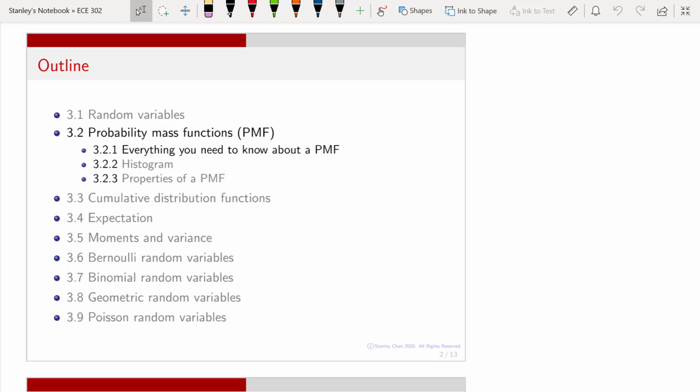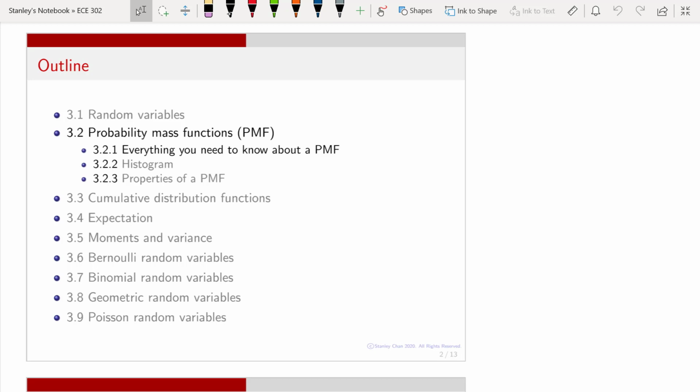This probability mass function should not be a stranger to most of you. If you have ever played with a data set before, you know a term called the histogram. Probability mass functions are essentially histograms, with some differences.